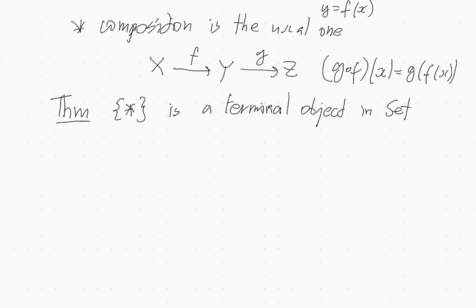And we're now going to make use of this fact. By the way, just a remark, as we know already, any two terminal objects are always isomorphic, and we also remarked previously that if I have an object that's isomorphic to the terminal object, then that object will also be terminal. So we can strengthen this theorem and say that terminal objects in the category of sets are exactly the single element sets, since being bijective to one specific single element set means that your set has exactly one element.